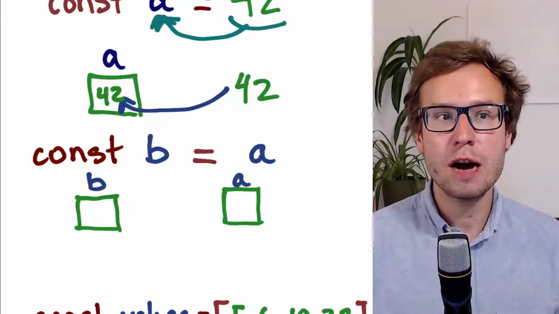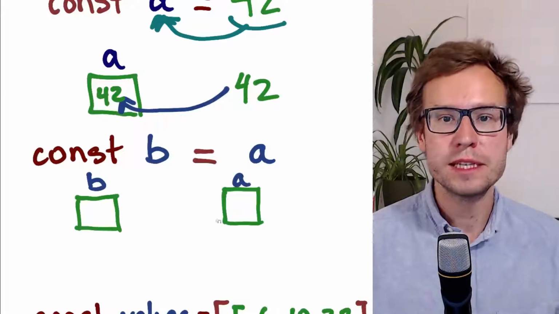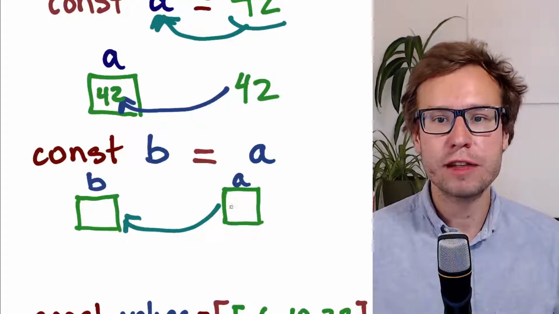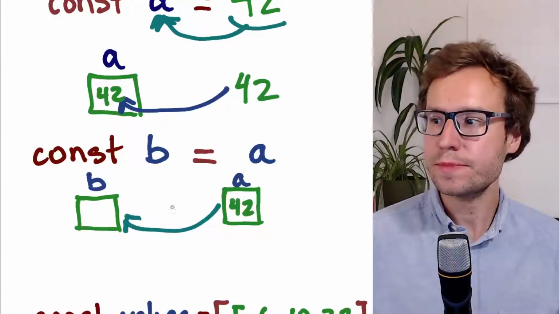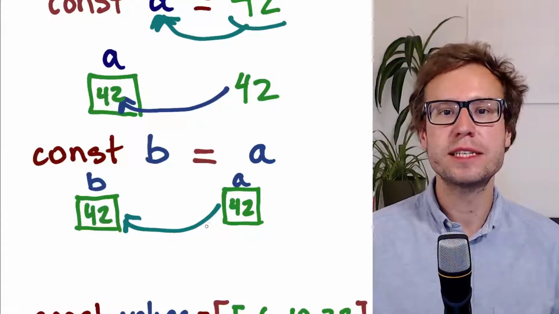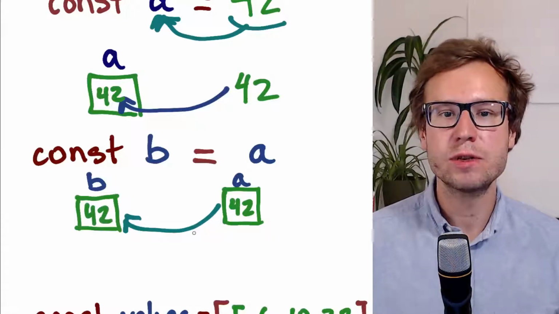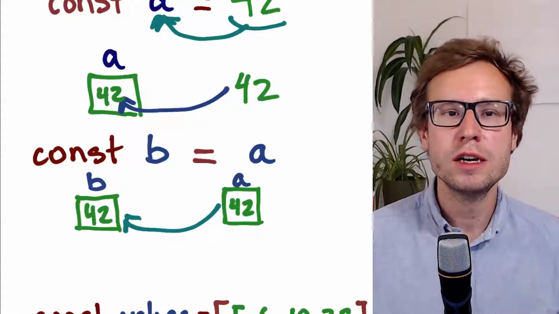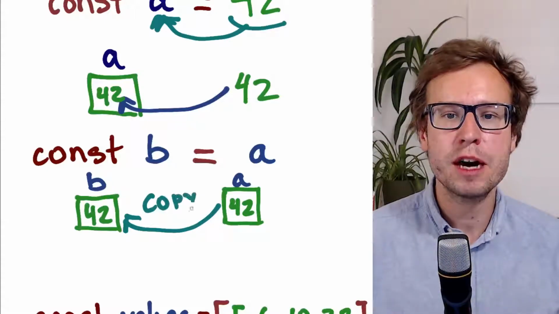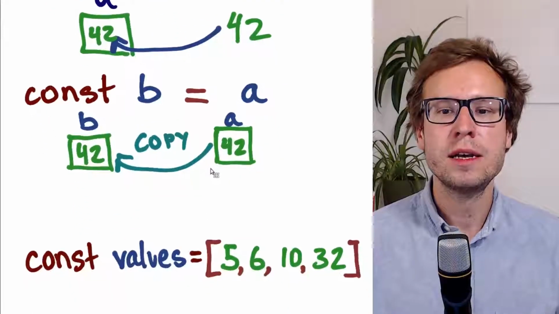So then a copying operation happens where we happen to know that we had the value 42 here, and copying it over results in it being placed in this box. So far so good. Let me just write it again. We're seeing a copy operation take place.